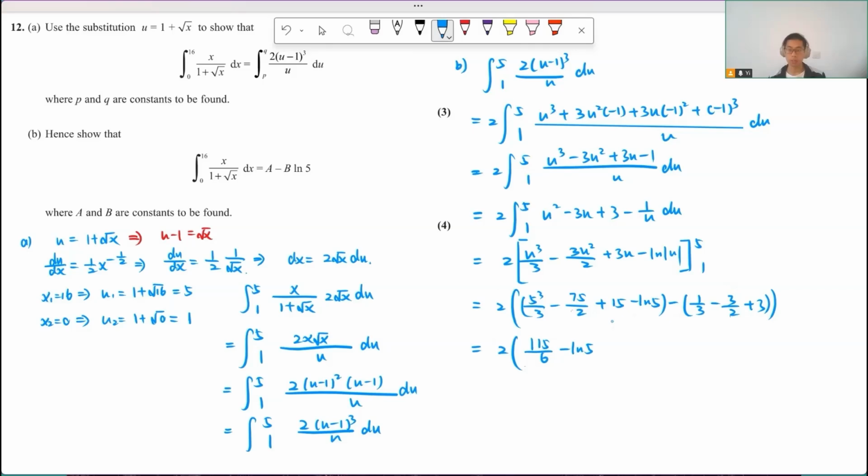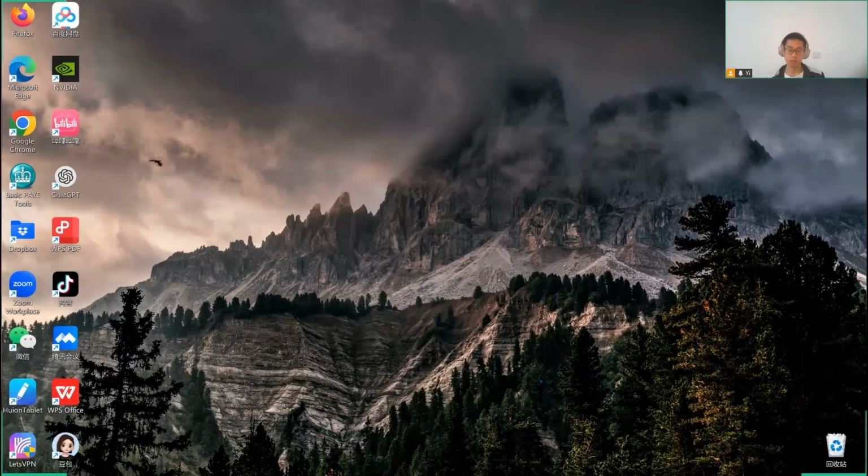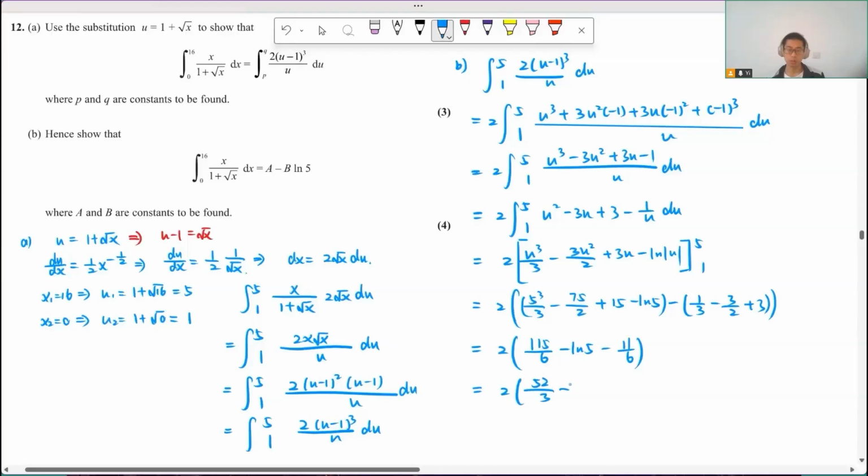And then for everything inside the second bracket, 1 over 3 minus 3 over 2 plus 3 will be 11 over 6, so it will be minus 11 over 6. And then simplify this again, 115 over 6 minus 11 over 6 would be 52 over 3, and that would be 52 over 3 minus ln 5. So times them out, that would be 104 over 3 minus 2 ln 5, which is the same form as what we want. So in this case, A would be 104 over 3, and then B is just 2.